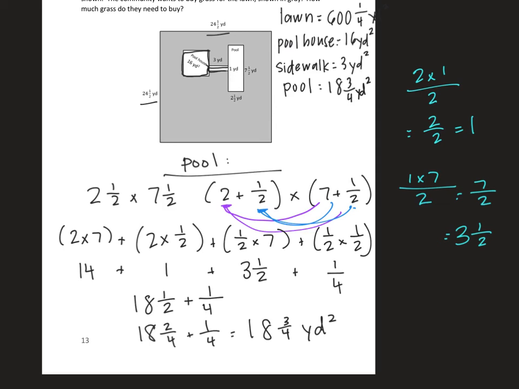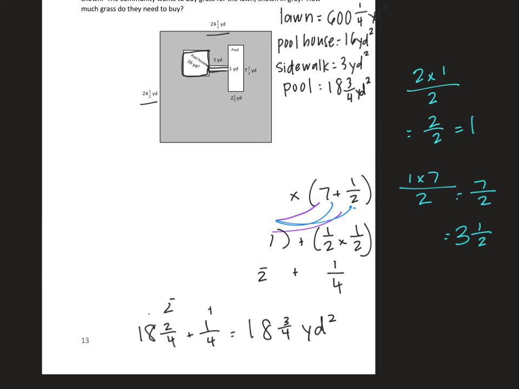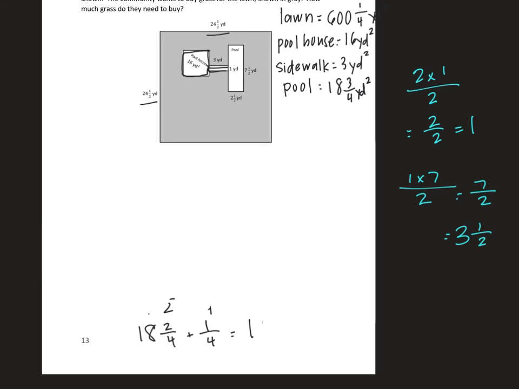So if you're like, oh yeah, I'm finally done with the problem, remember we have to still figure out how much grass they need to buy. So go ahead and pause this and finish copying this down, catch up if you are not there yet, because I am going to erase it now. Right. Okay.